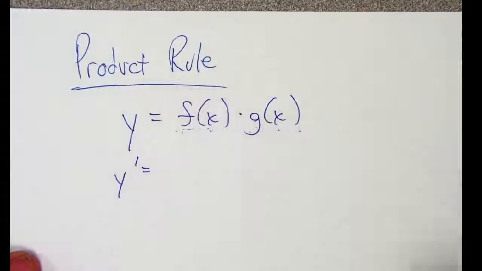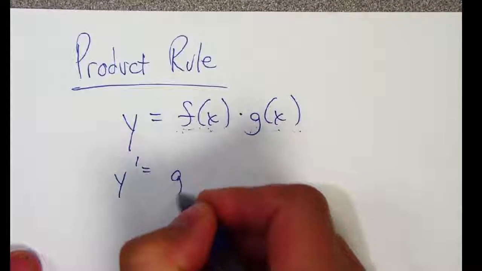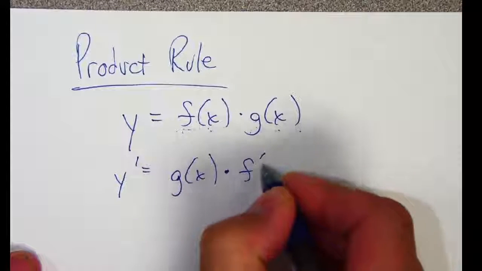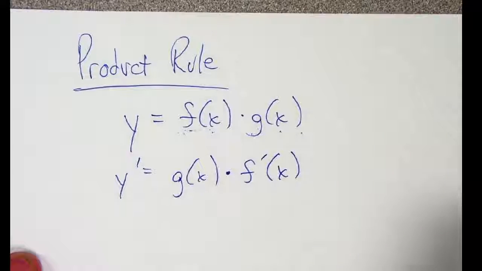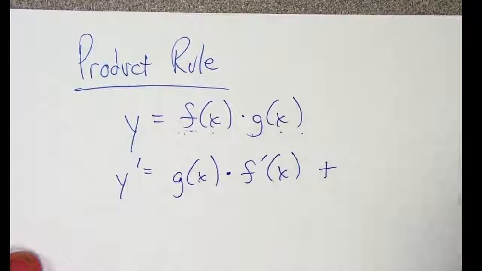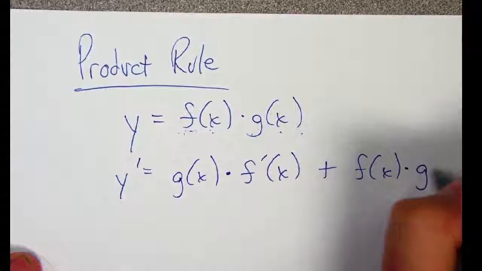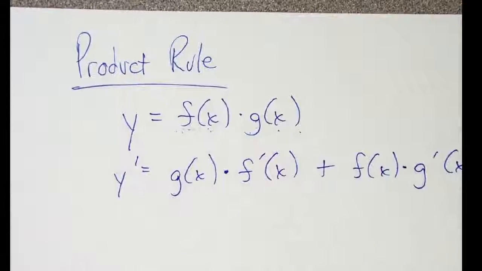The derivative of that would be the second thing rewritten exactly as it is times the derivative of the first thing plus, and then you flip-flop it, the first thing written exactly as it is times the derivative of the second thing.